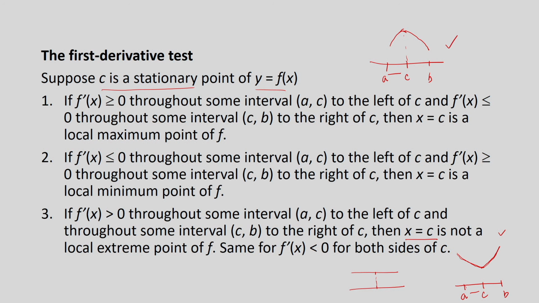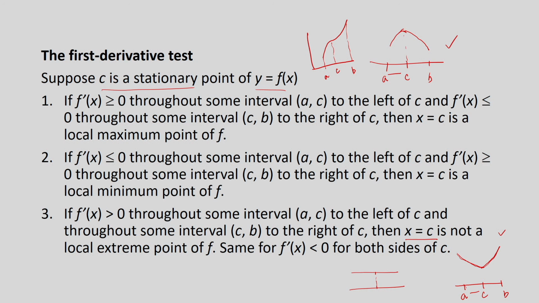So, basically what you have here is something like this. At this particular point f dash of x is equal to 0, but to the left, say a to c, it is always positive, so it is a rising function, and to the right of c also it is a rising function.